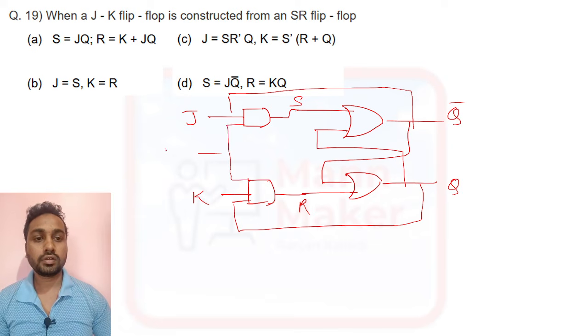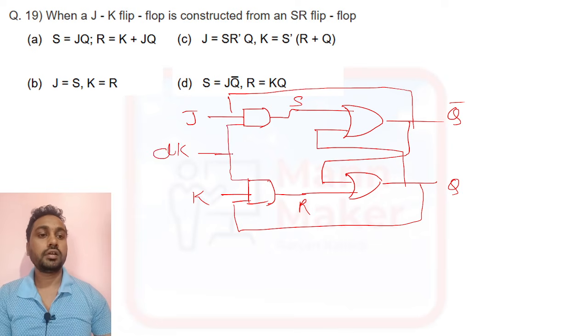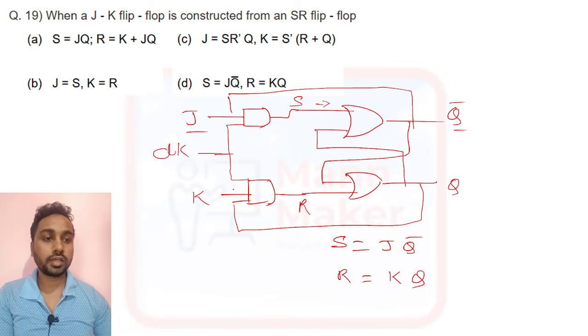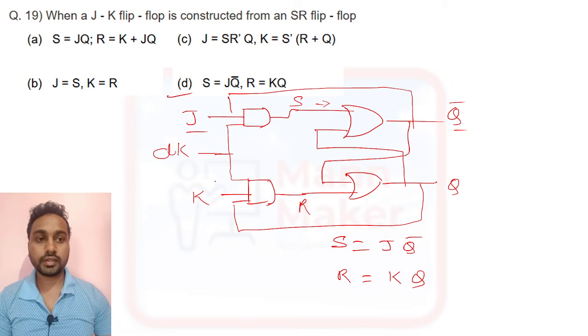This is the design they are asking about in the question. So S is J and Q bar, so we can write S is JQ bar, and R is K and Q. From the options, we can write S is JQ bar and R is KQ. So option D is your right answer.